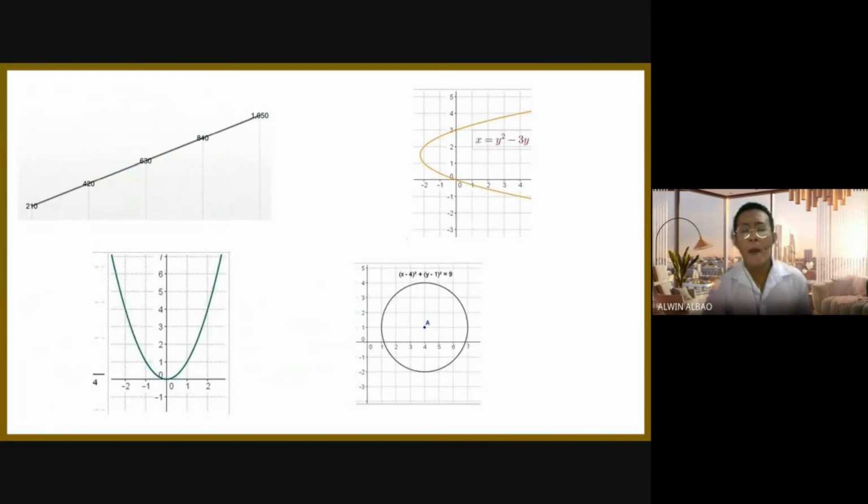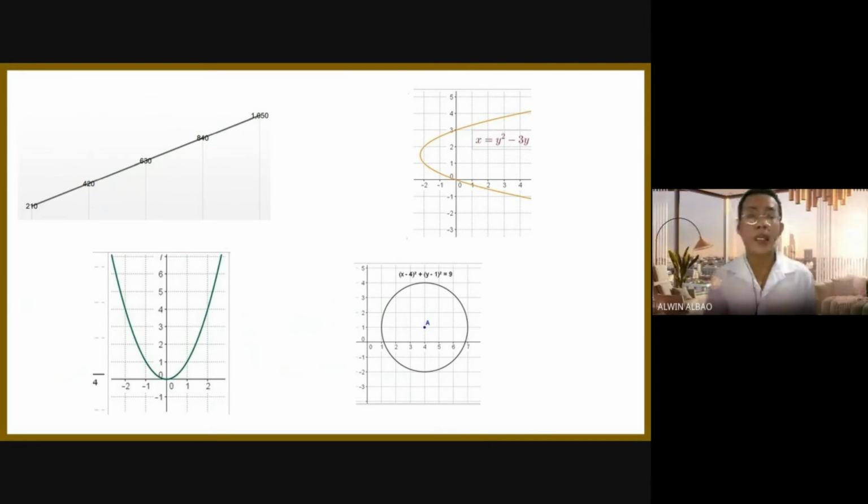Okay. By using graph, how will we identify if a graph is a function or not a function? So, ang gagawin natin is gagamit tayo ng vertical line test. Ano ba yung vertical? So, vertical line, ibig sabihin, patayo. Mag-drawing tayo ng straight line na vertical na mag-i-intersect dito sa ating graph. So, dapat ang intersection ay 1 lang para masabi na siya ay function.